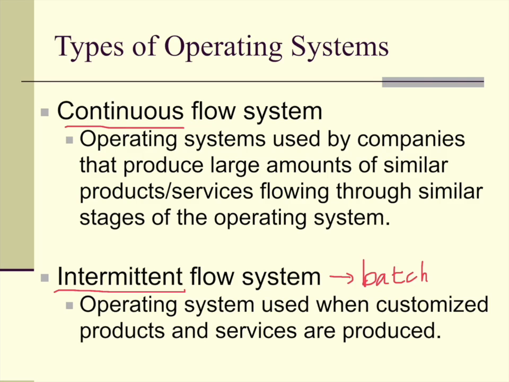A continuous operating system is used by companies that produce large amounts. That is why the company uses the continuous flow system: because they produce large amounts of similar product or service flowing through similar stages of the operating system. Similar product and similar stages. So they use the continuous flow system.